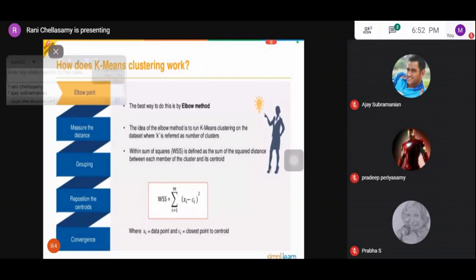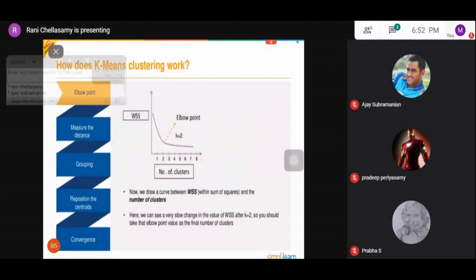Here in this formula, x represents the data point and c represents the closest centroid. With this, you can plot the graph between the number of clusters and the within sum of squares WSS. Then you find the number of clusters k value as 2. That we call the elbow point.